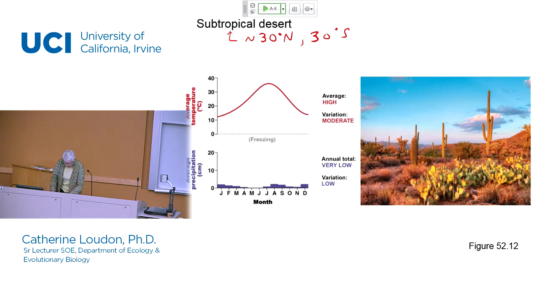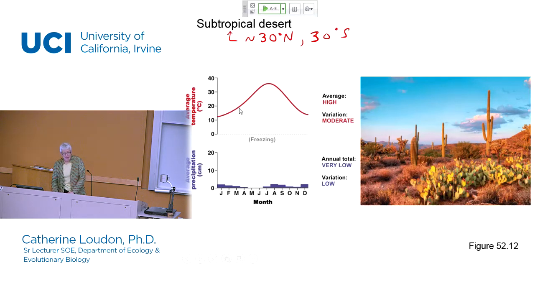So what are the characteristics then of the subtropical desert, now that we've considered where they are? Well, the precipitation, not surprisingly, is extremely low. Most of you are probably familiar with the idea that deserts, and of course we're quite close to 30 degrees north, are extremely arid regions. There's not a whole lot of rainfall.